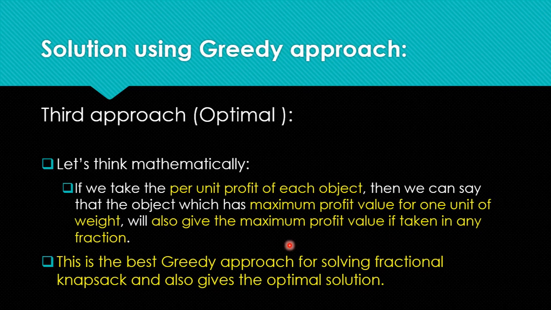So if object A gives the maximum profit for unit weight, then for any fraction object A will also give the maximum profit. This is the best greedy approach for solving knapsack problems, and it also gives the optimal solution.